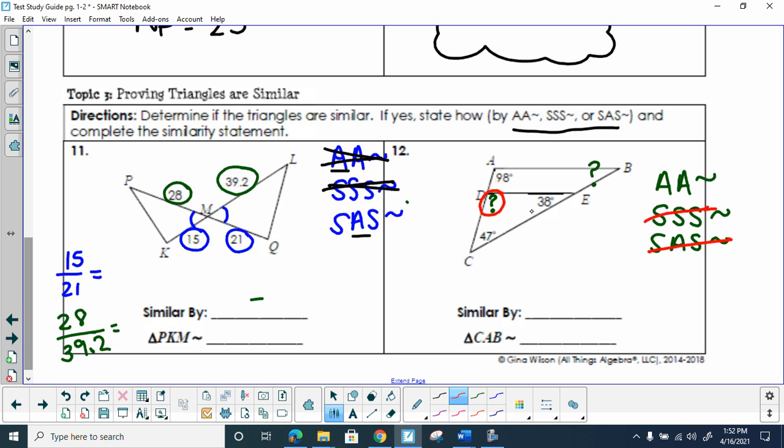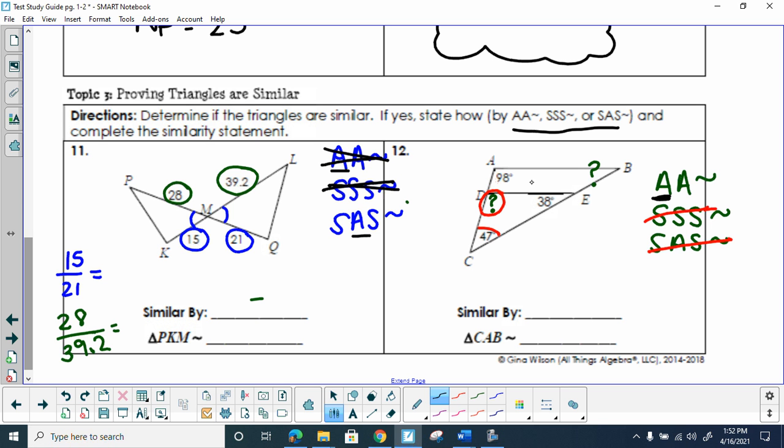We'd have to have two angles that are the same. Now, both triangles do have 47 degrees. So you've got one angle. You only need one more. Okay?